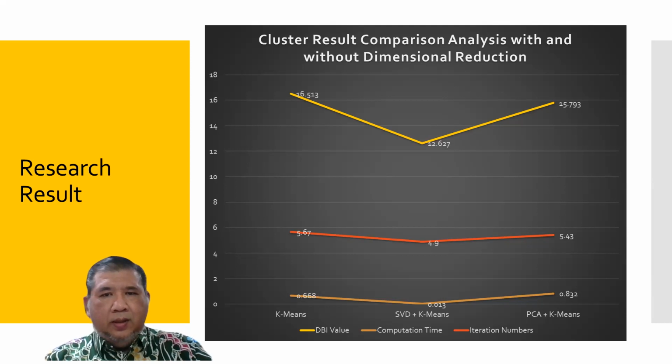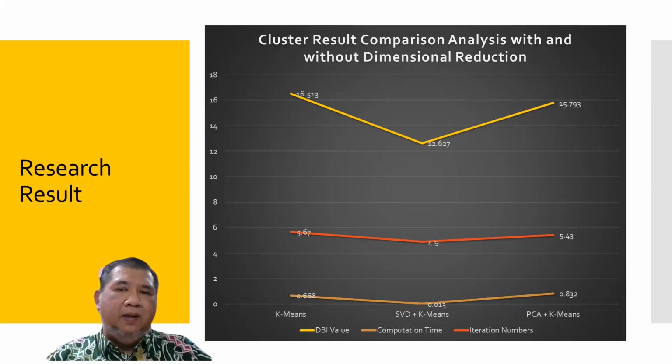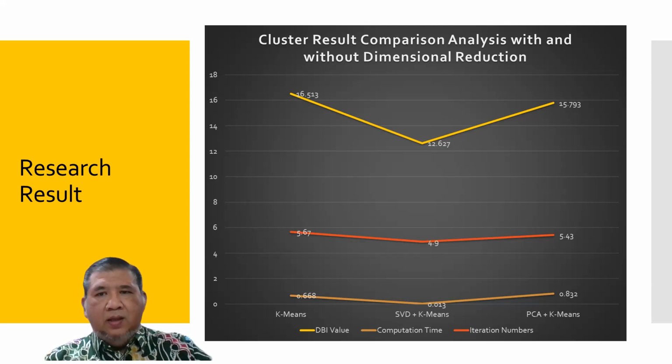Also, the red one is the number of iterations, where SVD gives a smaller number of iterations. PCA also gives a smaller number, but not too significant.